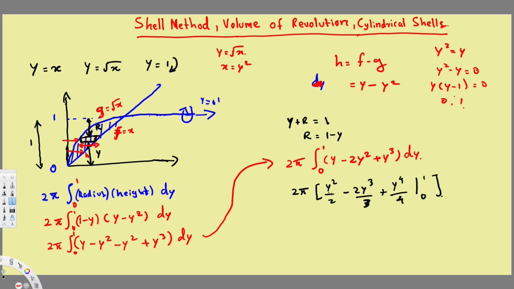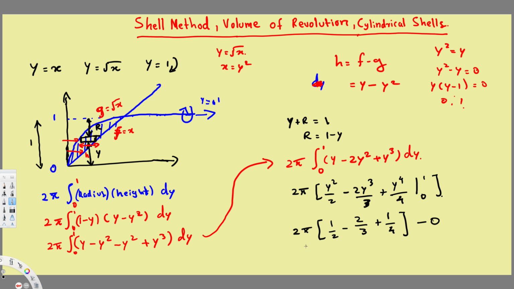If I apply 1, this is going to be 1 over 2 minus 2 over 3 plus 1 over 4, and if I apply 0, everything becomes 0, so we can simply subtract 0 right here.